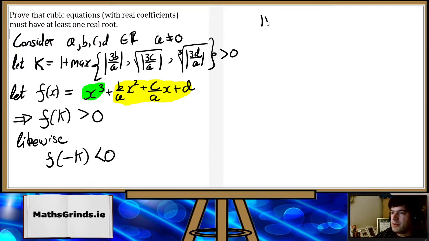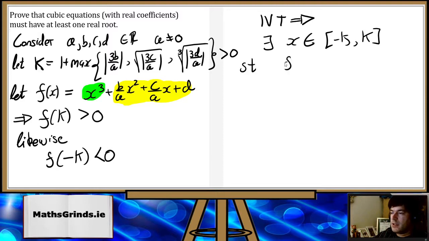So the intermediate value theorem would imply that there exists an x in the interval minus k to k such that f of x could equal 0.